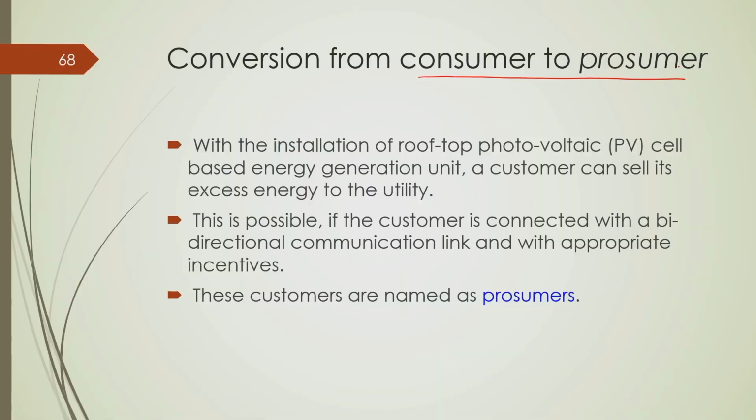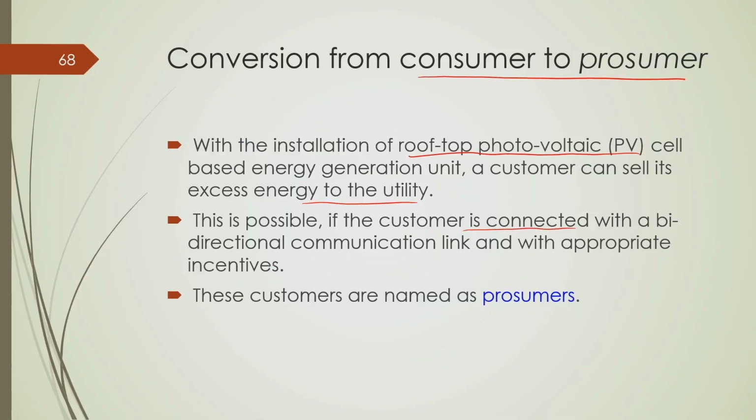Now, in that particular concept, consumer to prosumer, it means that with a rooftop photovoltaic cell installed, a customer can sell excess energy to the utility. Okay. So, you are not only saving energy, but also producing energy as well, and this is possible if the customer is connected with a proper communication link and appropriate incentives.